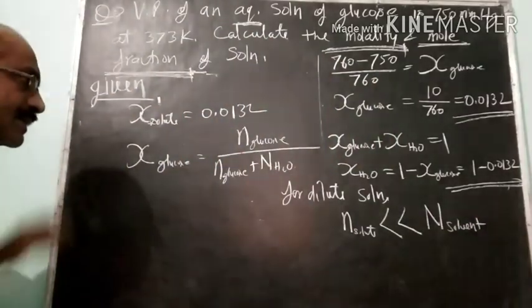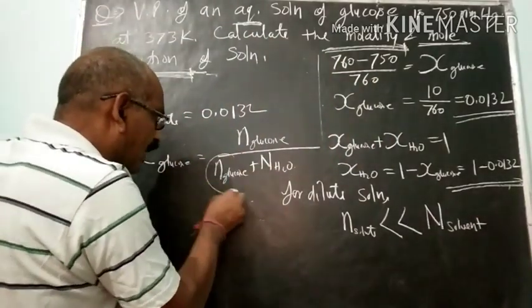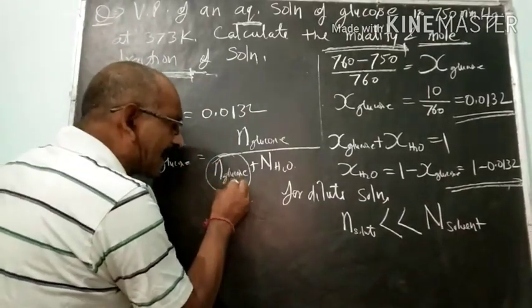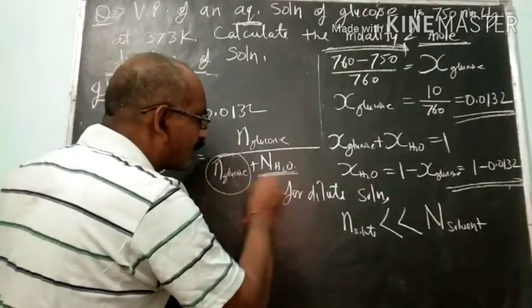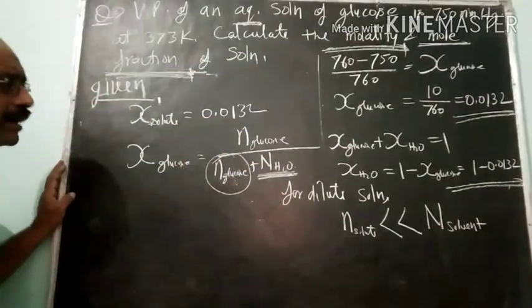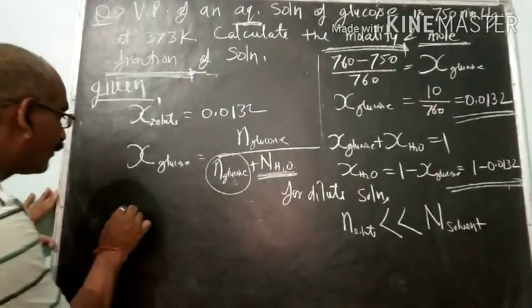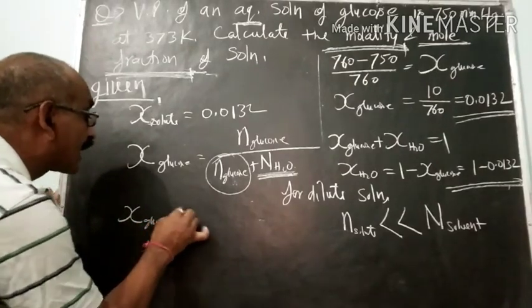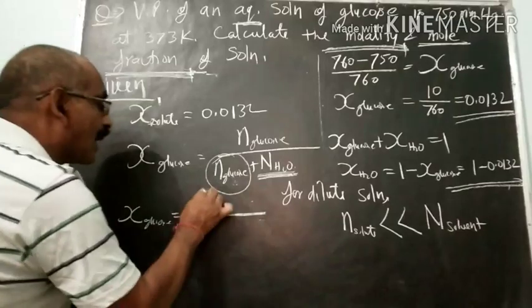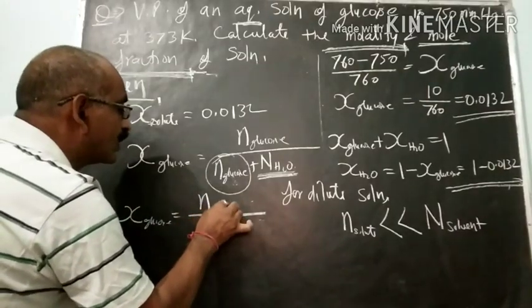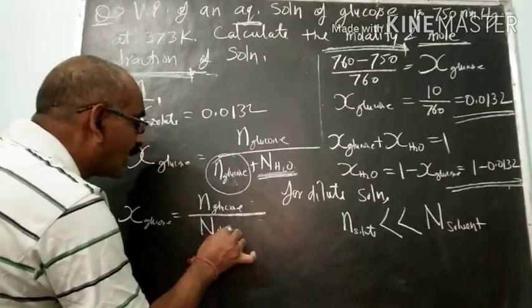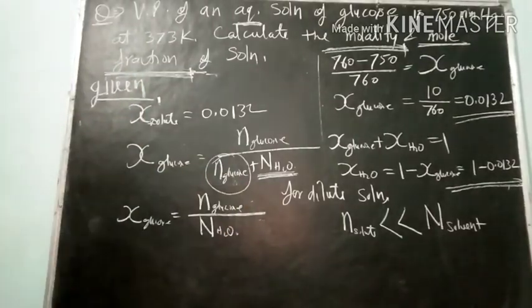So in this case, the number of moles of glucose is neglected in comparison to the number of moles of the solvent, water, and therefore the mole fraction of glucose can be expressed as number of moles of glucose over number of moles of water.